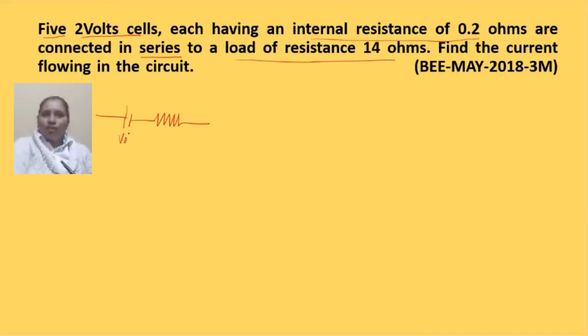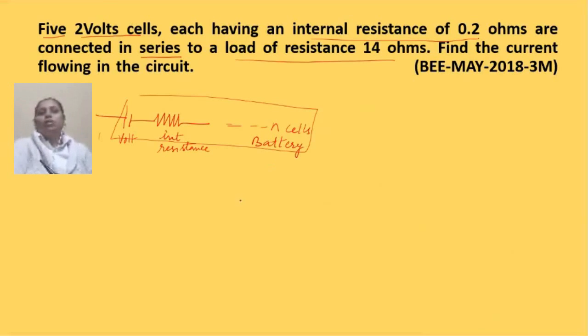This is the value of voltage and this is the value of internal resistance. A combination of n number of cells is known as a battery. A battery usually has a positive and a negative terminal.